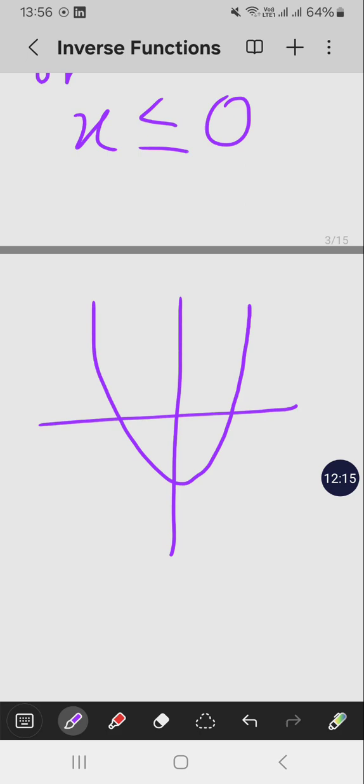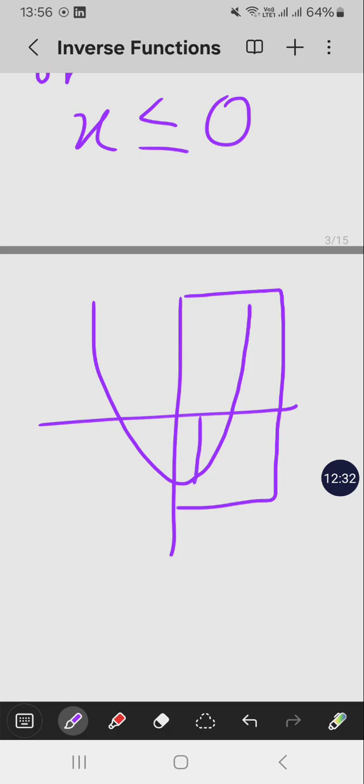If I take this portion, which is the positive side of the parabola, now every x value will have one output.